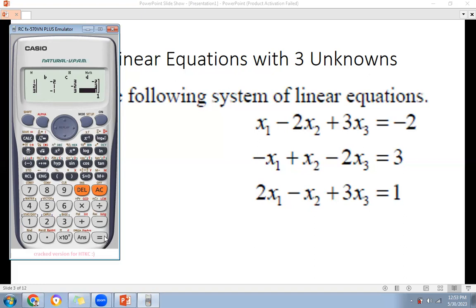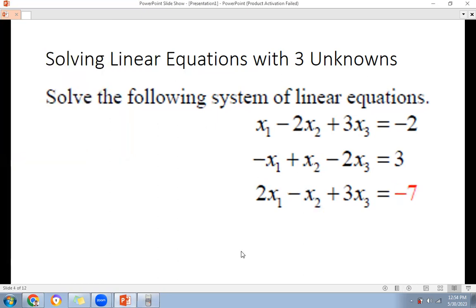Then we press equals to get the solution. Our calculator says it has no solution. It means that the lines did not intersect at any given point. Because these are equations of lines, most likely they were not able to intersect at a single point.